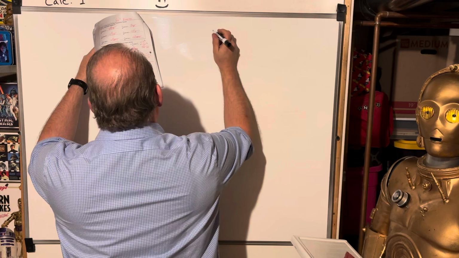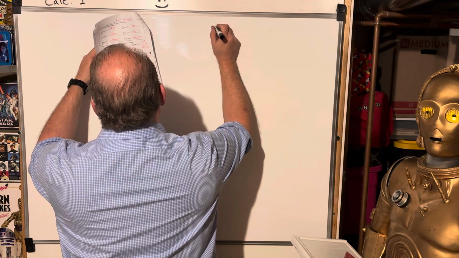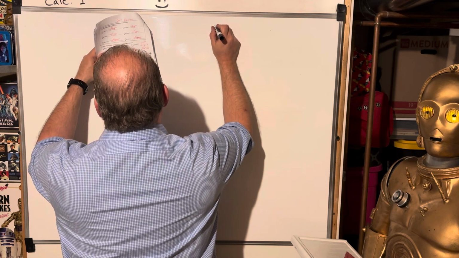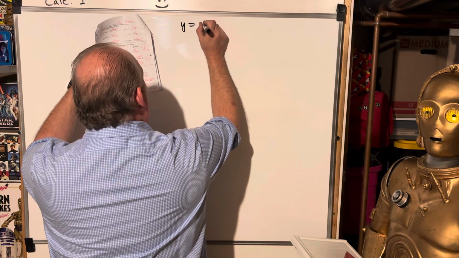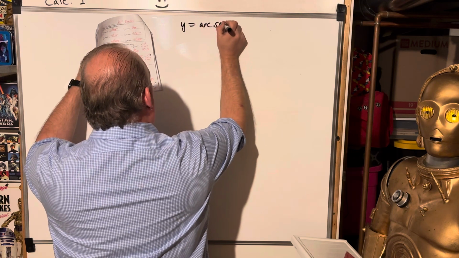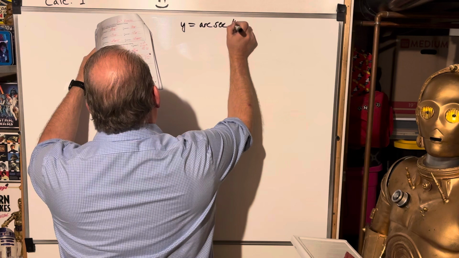Where we've got, first let's find y prime. So y equals the arc secant of 4x.